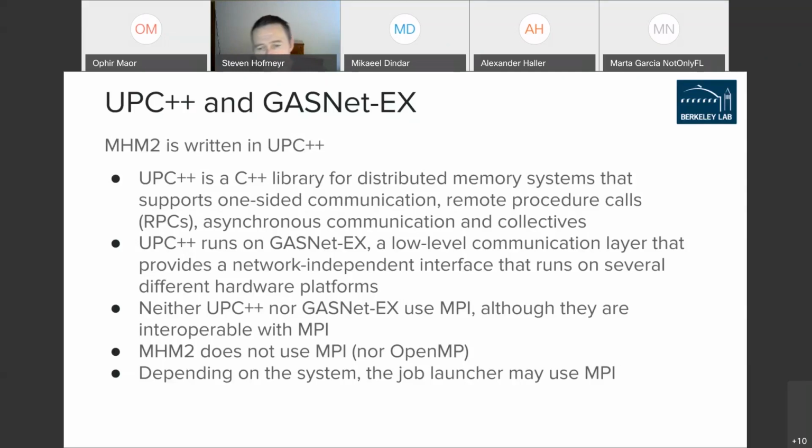It doesn't use OpenMP at all, so it's not hierarchical parallelism, which is not to say that you can't interoperate OpenMP with UPC++ and GASNet. You can, but MetaHipMer doesn't use it. One caveat is that, depending on whatever system you're working on, the job launcher may use mpirun or something like that to launch every application, including MetaHipMer.